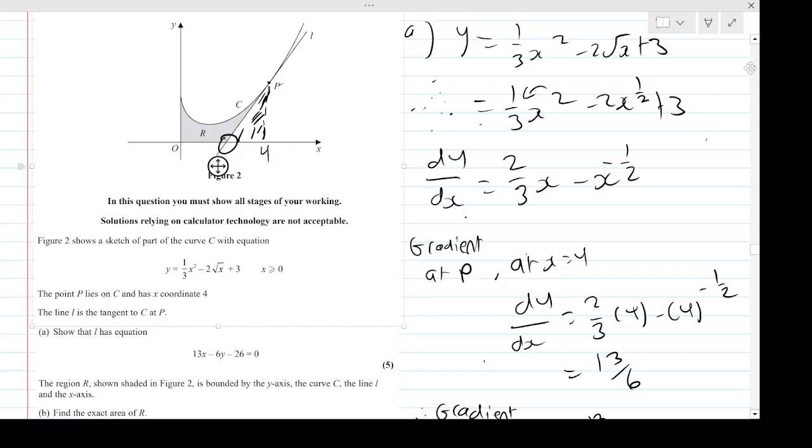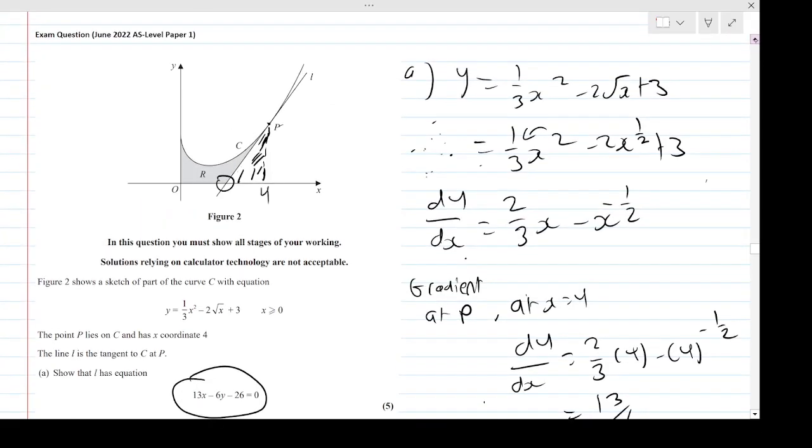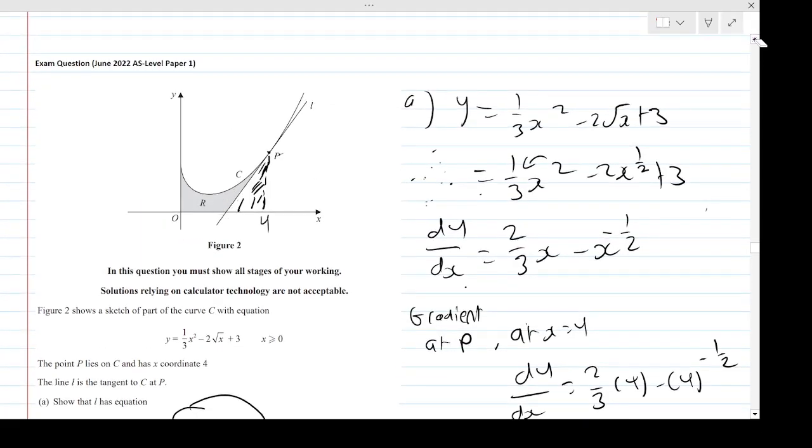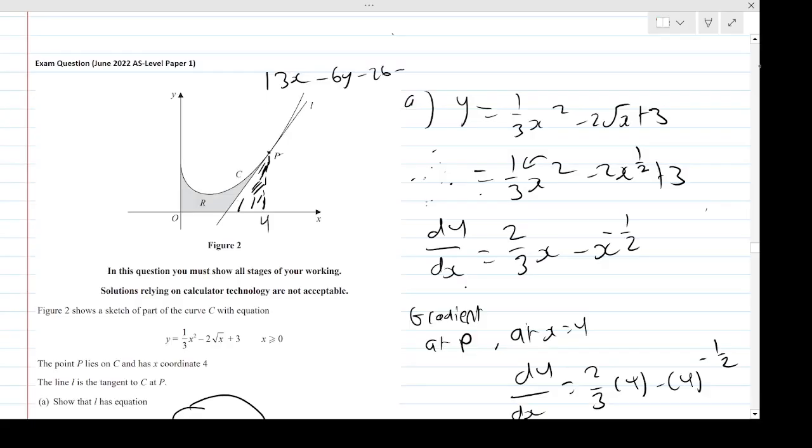How do we get to that point there? Well, it's a root. It's where the line crosses the x-axis. We just worked out the line in part A, so I'll work it up here. The line is 13x take away 6y minus 26 equals 0.